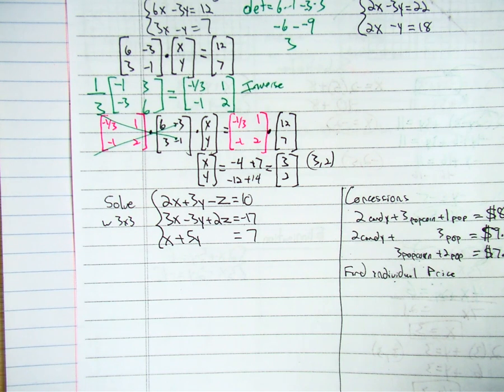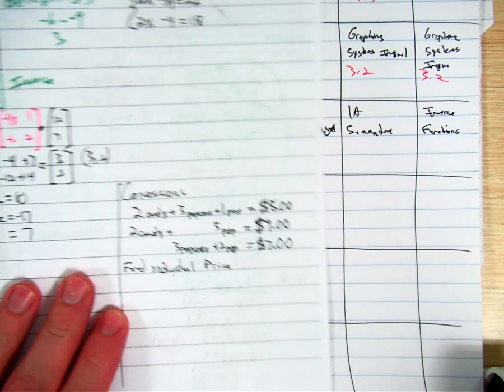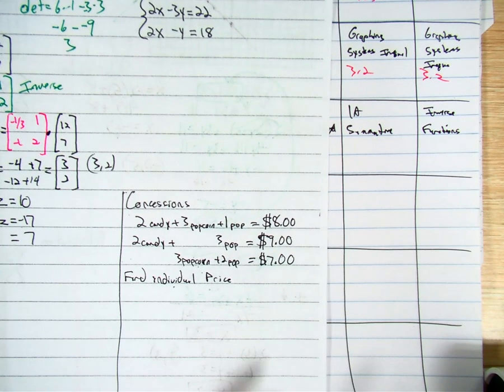Alright, last, we got our 3 by 3 matrices. Let's go ahead and do the concession stand one.